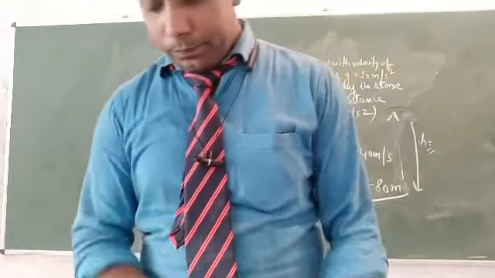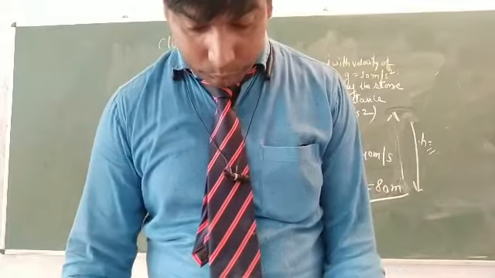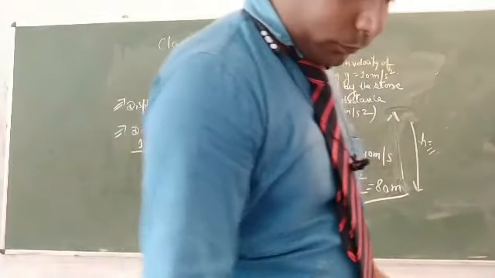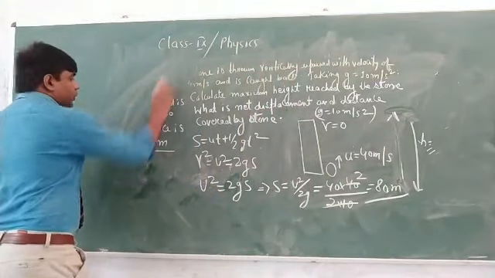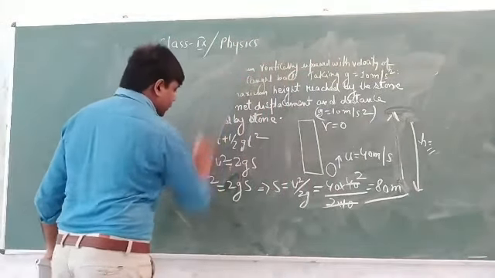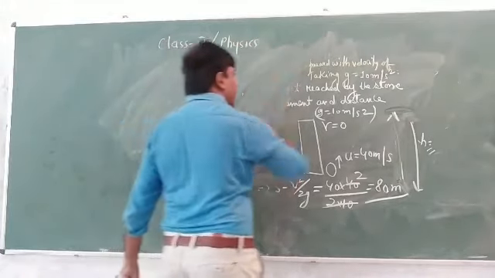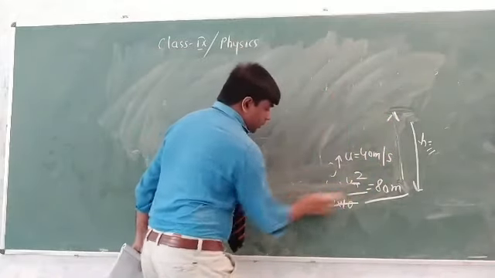Next question. Very important question. It is a conceptual question. A graph is given, right? On the basis of the graph, some questions are asked. So you have to answer all the questions based on the graph.